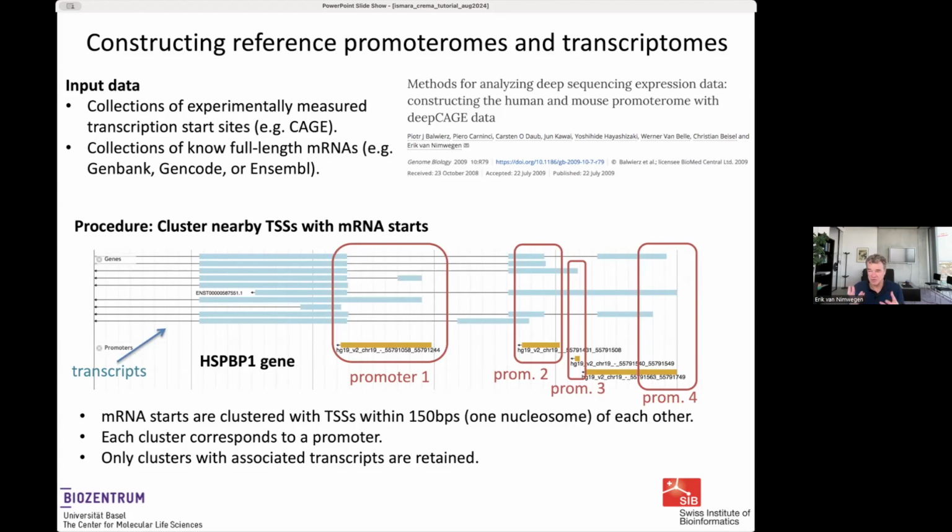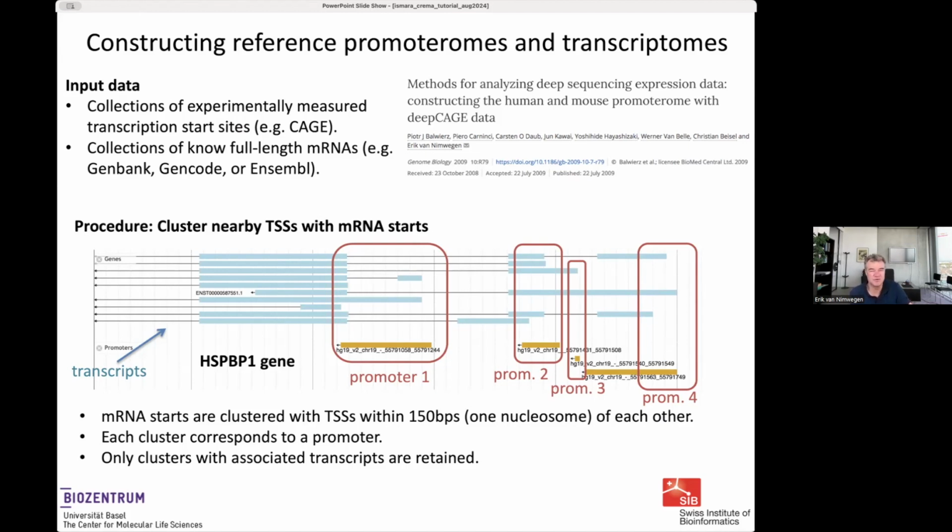So for most of the species that are available through ISMARA, the way we've created these promoteromes is that we collected experimentally measured transcription start sites. There are various methodologies available for detecting transcription start sites genome-wide.